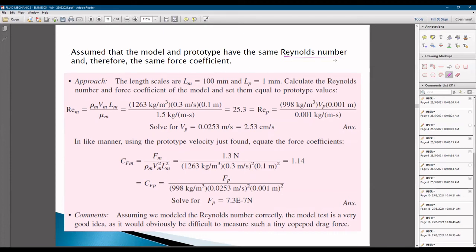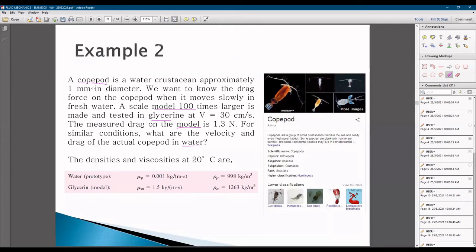For the approach, the length scale LM, normally we call it the length of the model, M stands for model, is 100 millimeter, and for the prototype, the actual creature itself, it is 1 millimeter in diameter, as mentioned here.